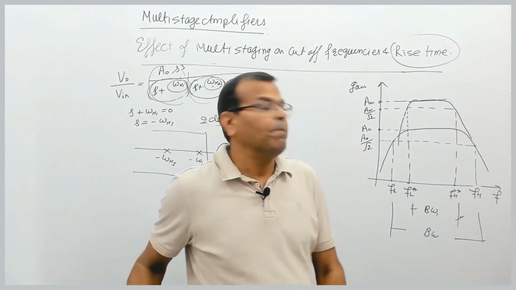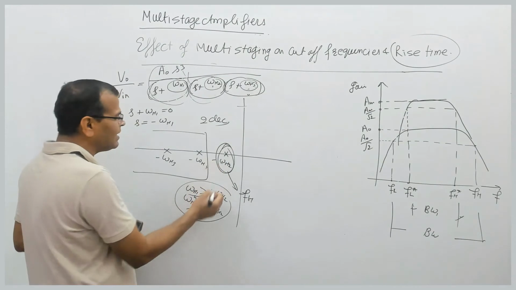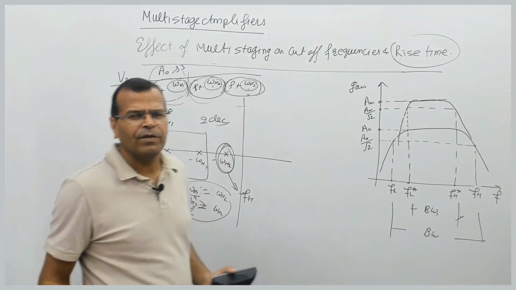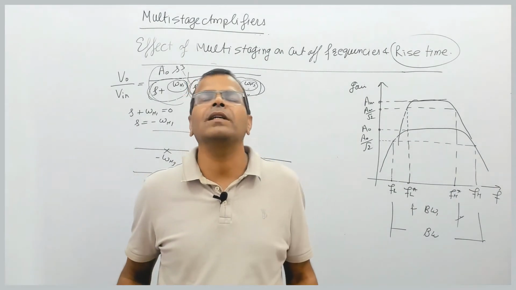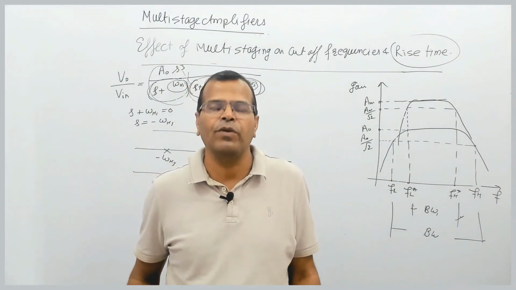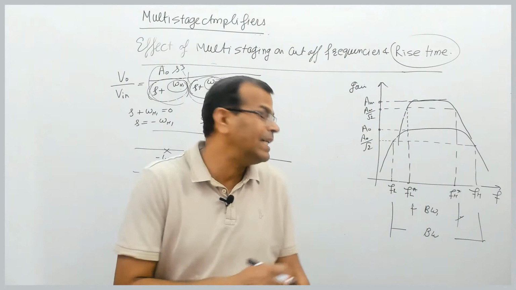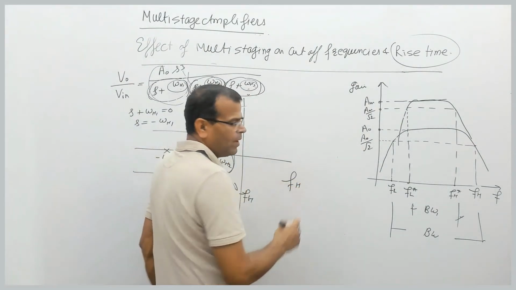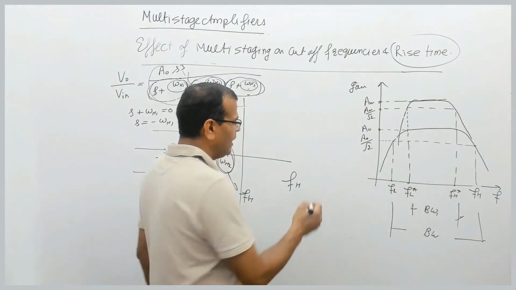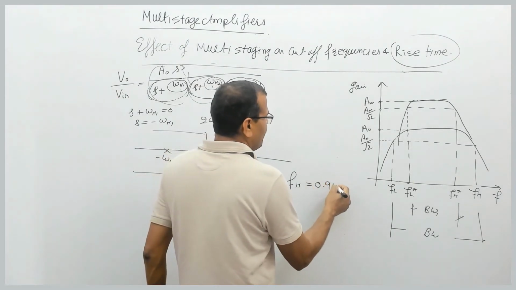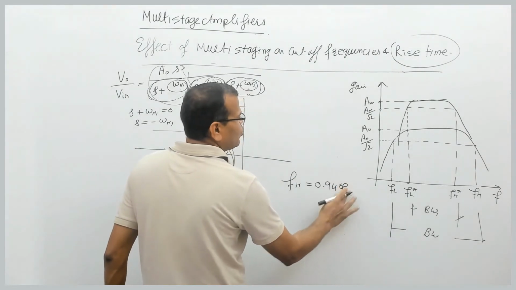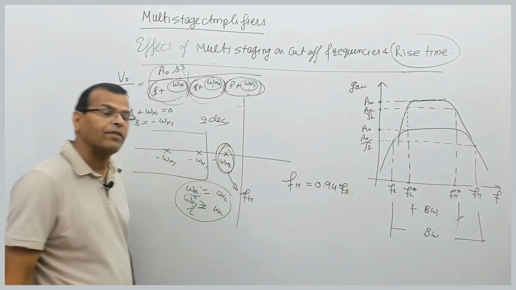But if this pole is just 2 decades away, not 4, exactly 2 decades away, then in that case your upper cutoff frequency is 0.94 times this frequency, FH2. FH2 means I am talking about the dominant frequency.